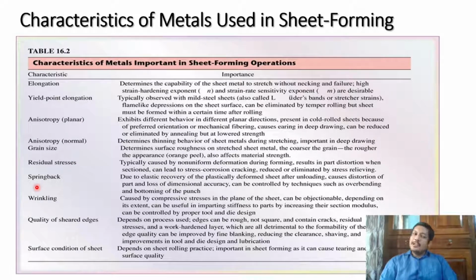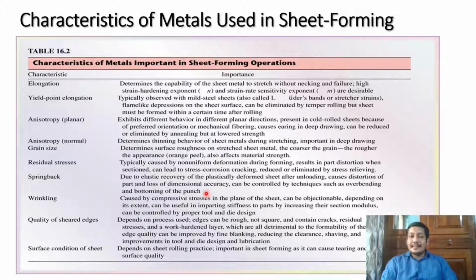Next one is springback. We have already discussed springback in detail in the last class. Due to the elastic recovery of the plastically deformed sheet after unloading, it causes distortion of the part and loss of dimensional accuracy. It can be controlled by techniques such as overbending and bottoming of the punch.